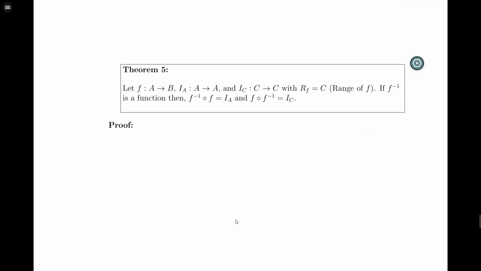Theorem 5 states: let f be a function such that A maps to B, I sub A be a function such that A maps to A, and I sub C be a function such that C maps to C, with the range of f being equal to C. If the inverse function is a function, then the composition of the inverse function and the function itself is equal to I sub A, and f compose the inverse of f is equal to I sub C. I'm going to show that the inverse function compose f is equal to I sub A. The other way around is very similar, so I'm just going to prove this consequence here.